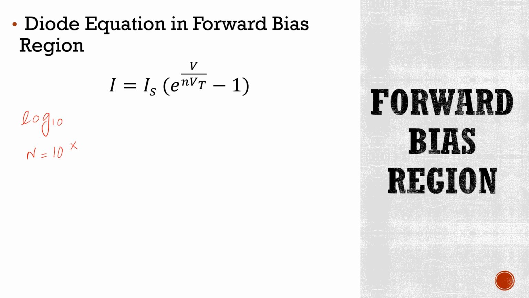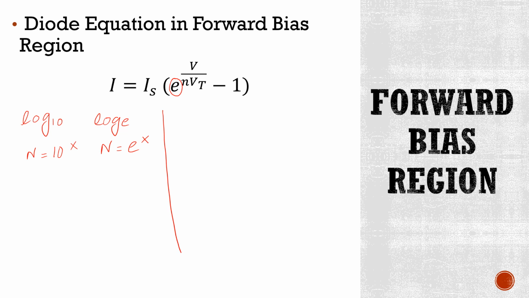Similarly, second is natural log, which means base e log. It tells you what power you must raise e to obtain the number x, that is n is equal to e raised to the power x. So, which log are you going to apply here? You are going to apply natural log here because you have this e in your equation.